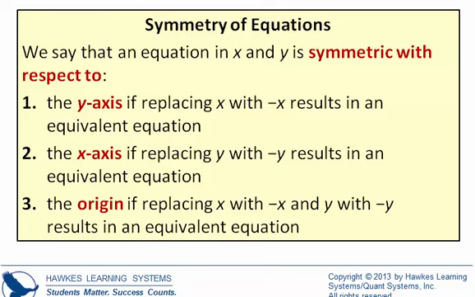The x-axis, and this one we have not yet talked about, symmetry with respect to the x-axis if replacing y with negative y results in an equivalent equation. And symmetric with respect to the origin if replacing x with negative x and y with negative y results in an equivalent expression. So these are the statements that we will use as we look at some examples.